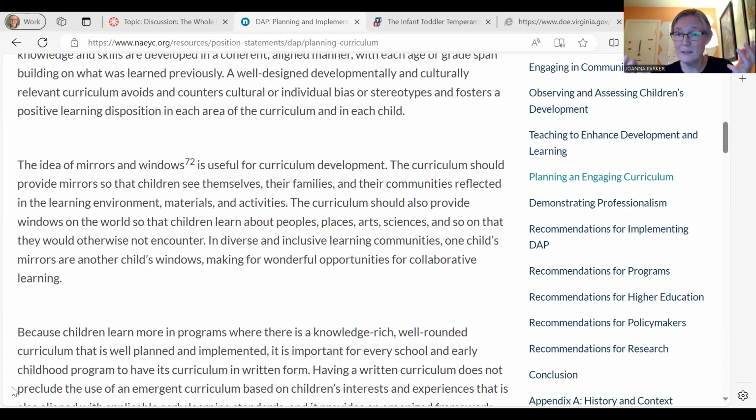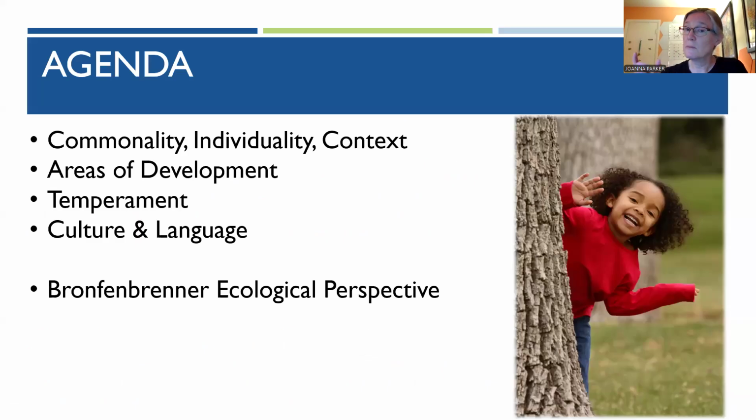That children can see themselves in your environment, can see themselves in the materials that are in your environment and in the experiences that you are planning and implementing, but also through your curriculum that you are exposing children to things that they may not see and experience in their daily lives, right? So this idea of mirrors and windows is one I encourage you to think about. And again, we will be reflecting upon this more as we move into our second session or module next week.